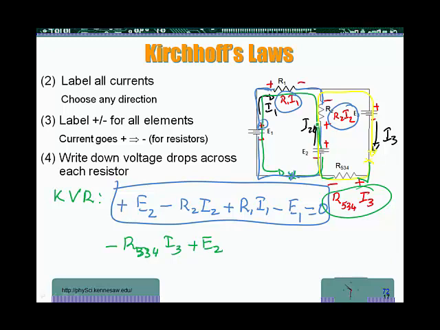And then I'm here, I meet the plus of R2, so we go again with a minus R2I2. And then now I'm here, and I meet with the plus of E3, so it's going to be minus E3. And I'm back where I started, so that's equal to 0. That's another loop rule, or Kirchhoff's voltage rule, KVR.